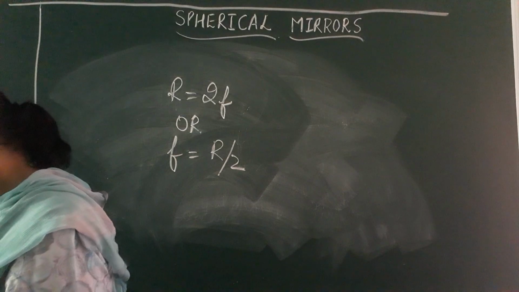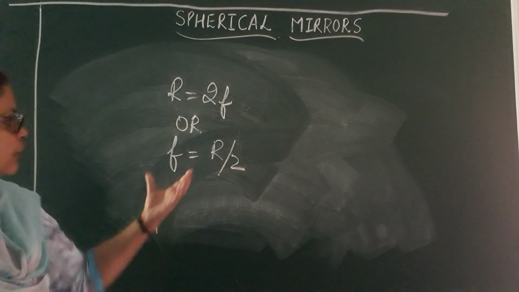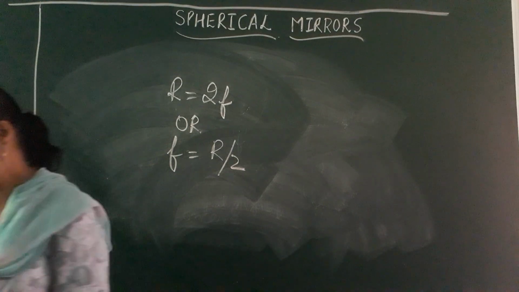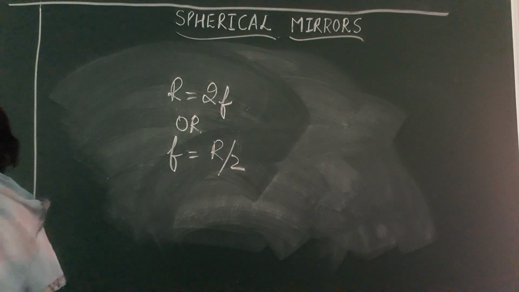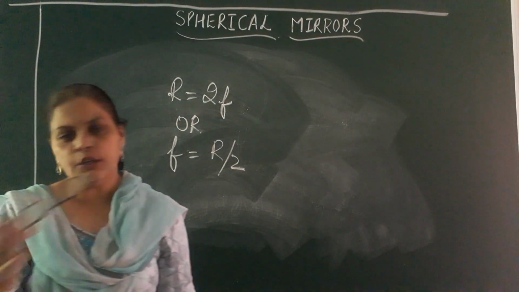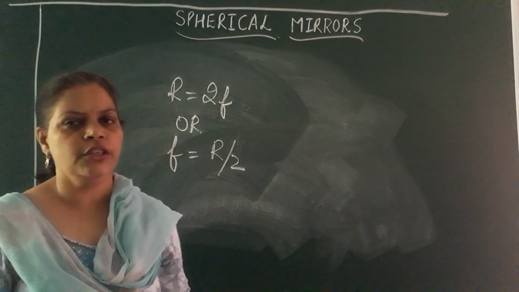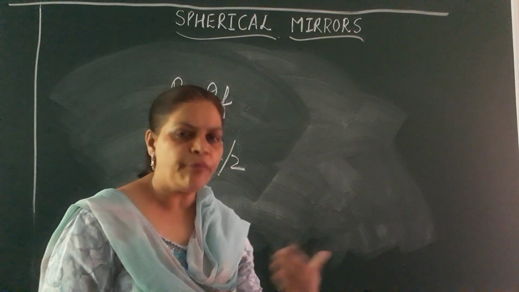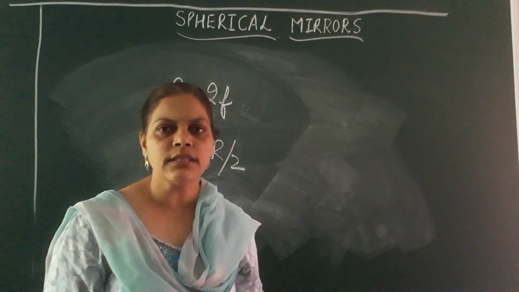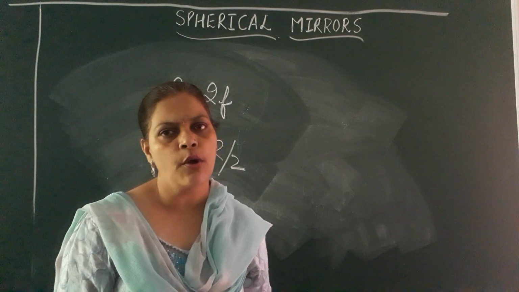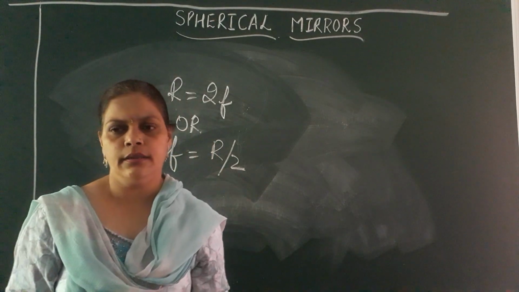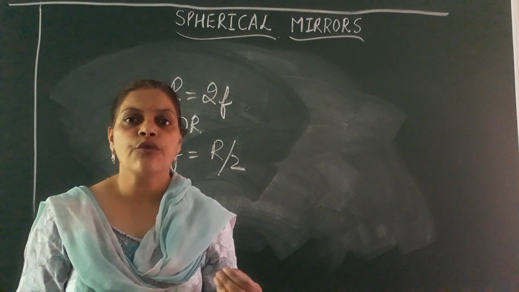Okay, after I discussed the different definitions with you for concave and convex, we move on to the rules. You know, for concave and convex, as I told you children, concave is a converging mirror and convex is a diverging mirror. Now we move on a step further. We are going to discuss what type of images will be formed by a concave or a convex mirror, and there are different cases under it, and they are known as ray diagrams.